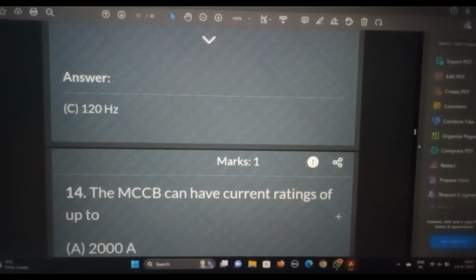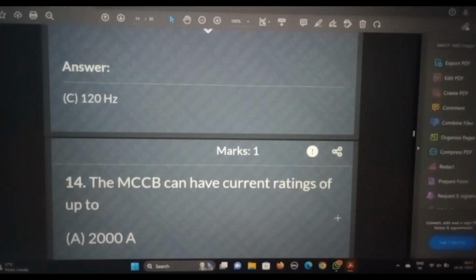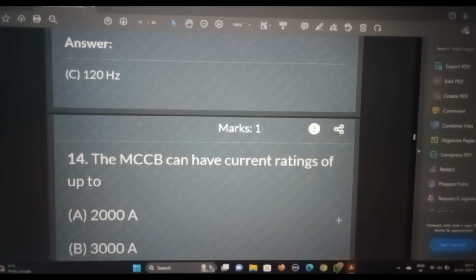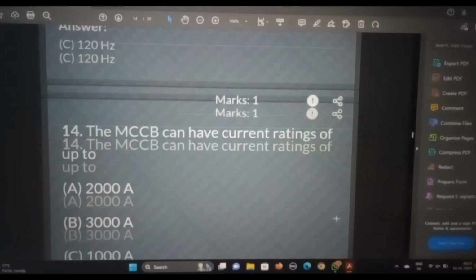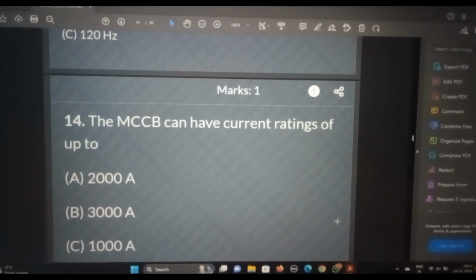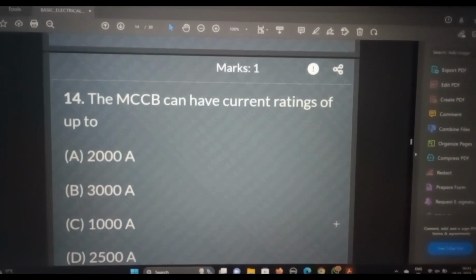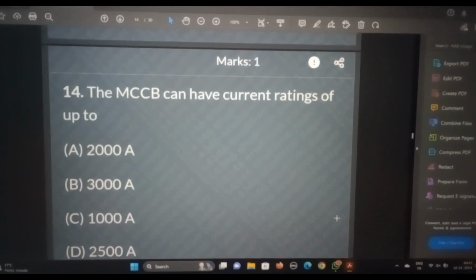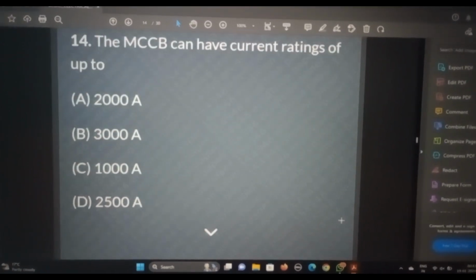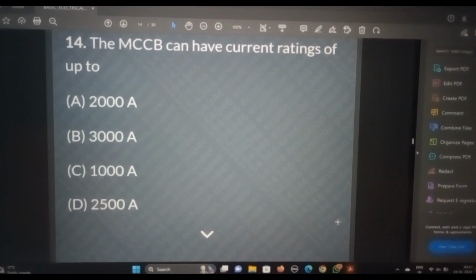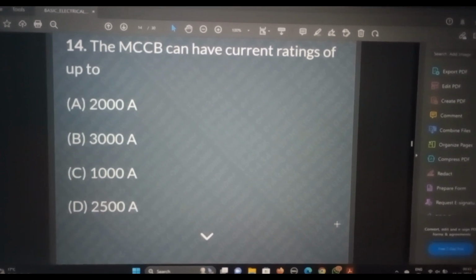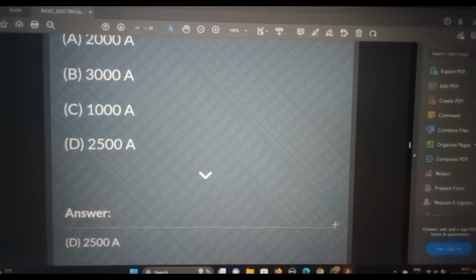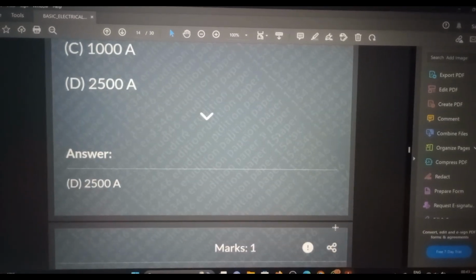Number 14. The MCCB can have current ratings of up to: option A, 2000 ampere; option B, 3000 ampere; option C, 100 ampere; option D, 500 ampere.